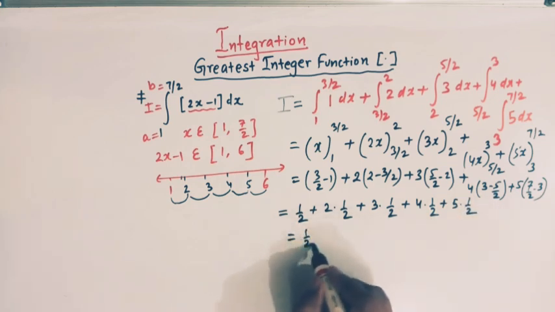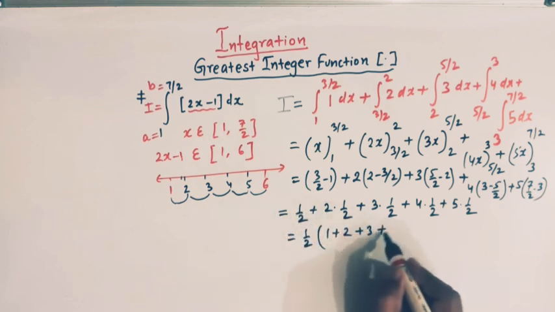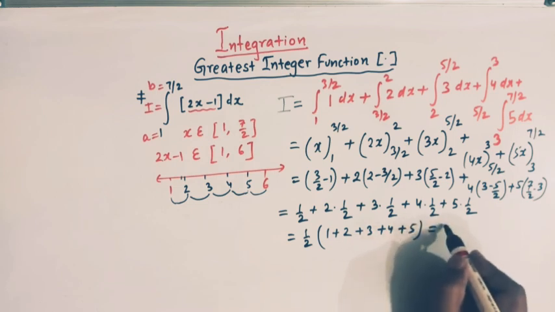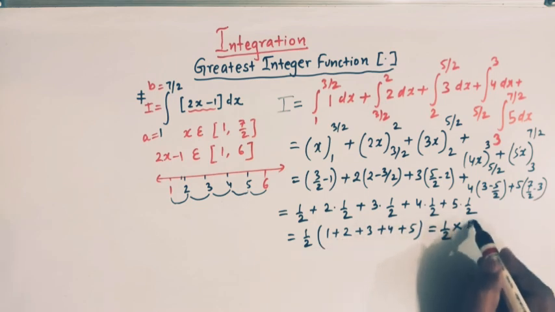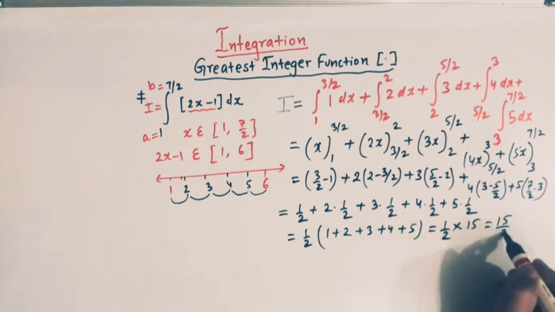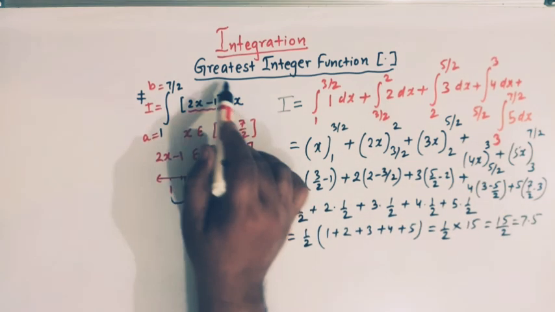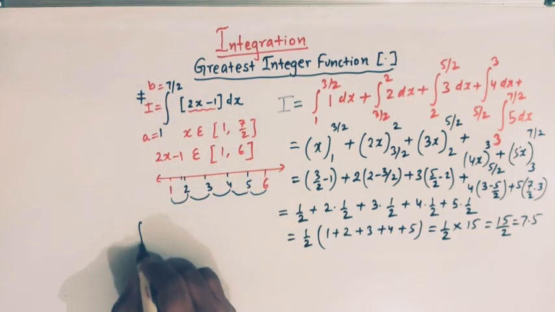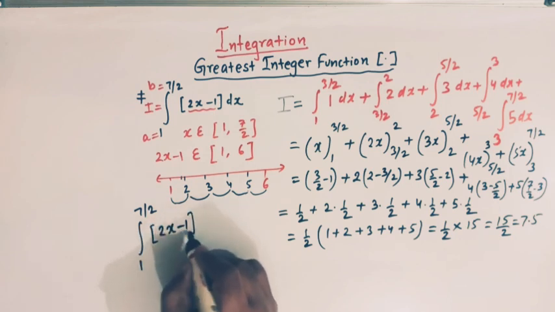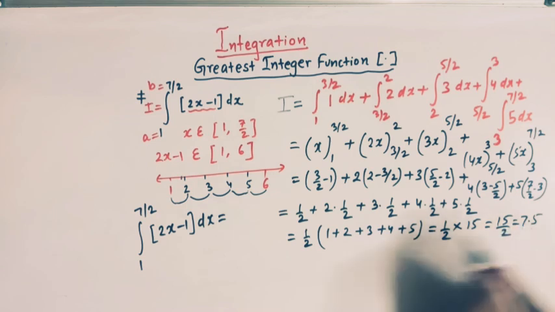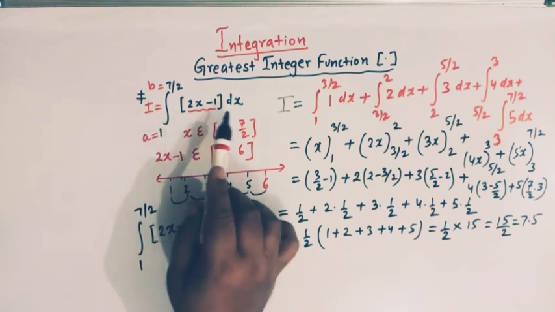And here we can write half times 1 plus 2 plus 3 plus 4 plus 5, and this is half multiplied by 15, right? So 15 over 2, that is equal to 7.5. Clear? So the value of this definite integral from 1 to 7 over 2, greatest integer function 2x minus 1 dx is equal to 7.5. So this is how we solve this integral.